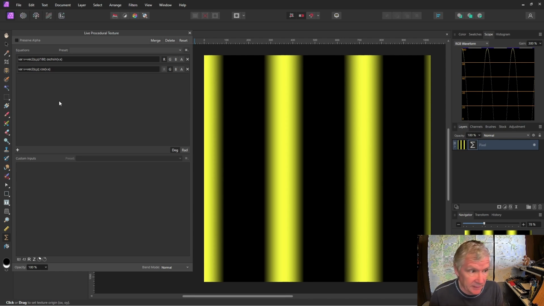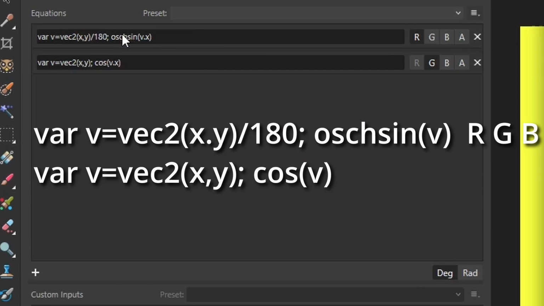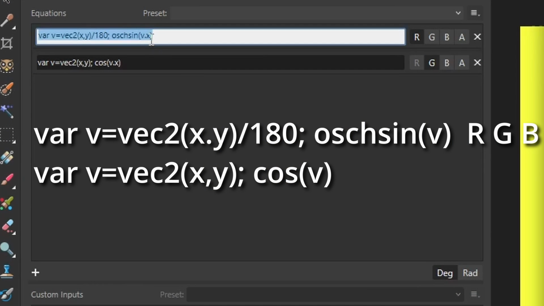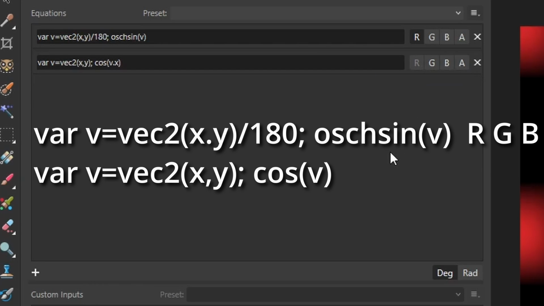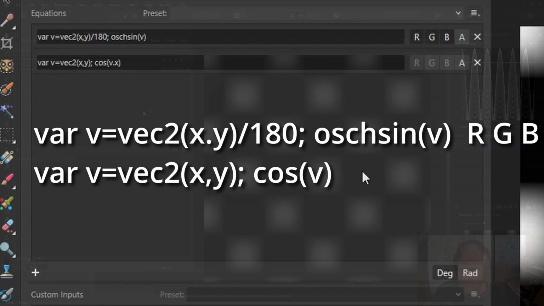There is one big difference between these two, and that is if instead of v dot x, I input a vector v. I'm just going to turn this one off for a second and turn on all 3 channels.